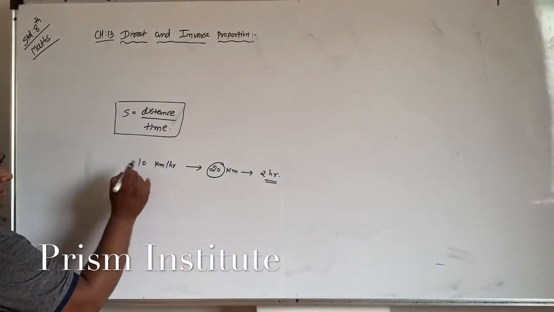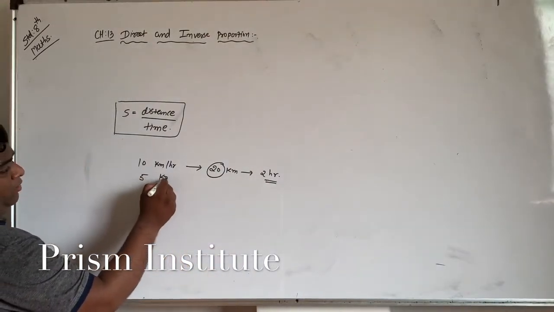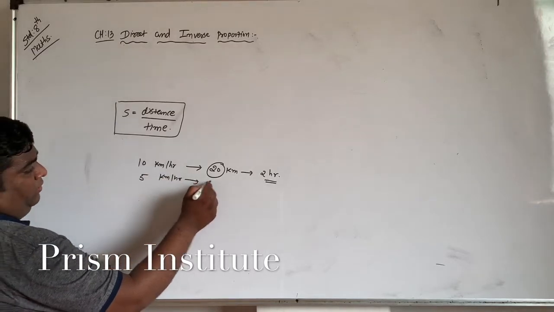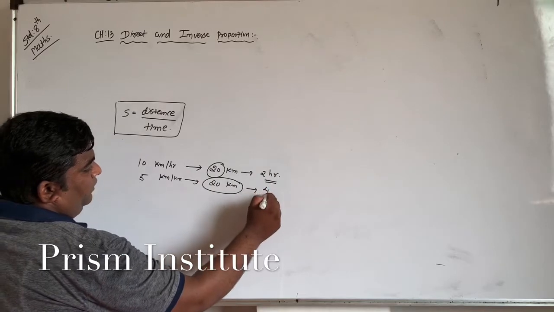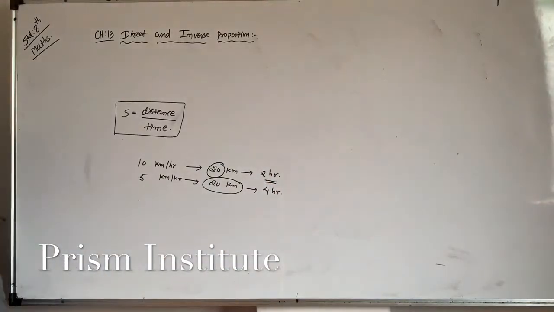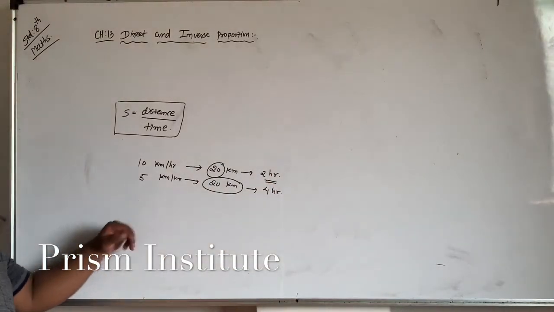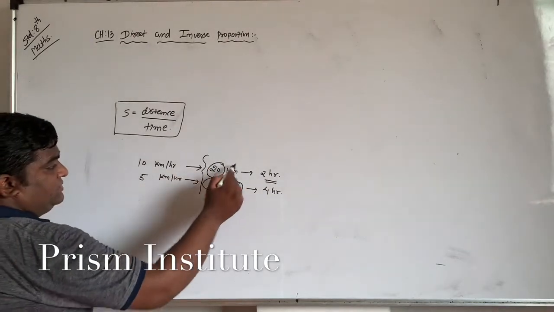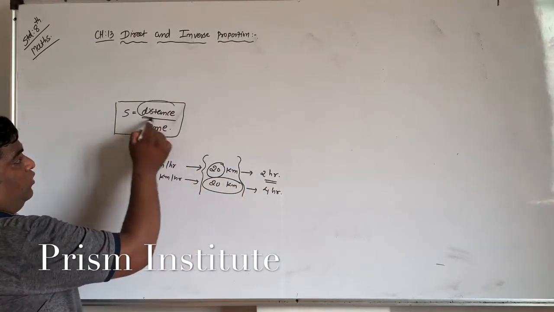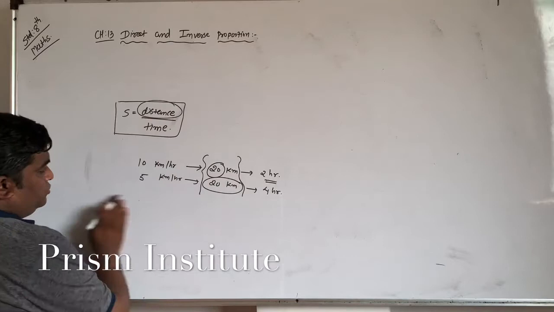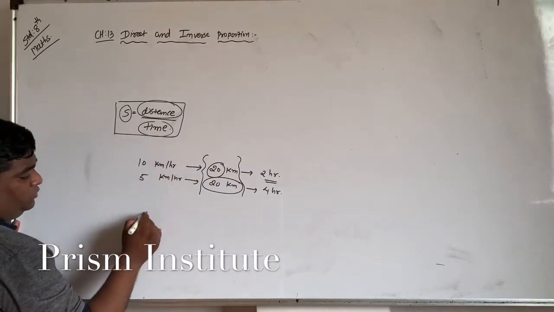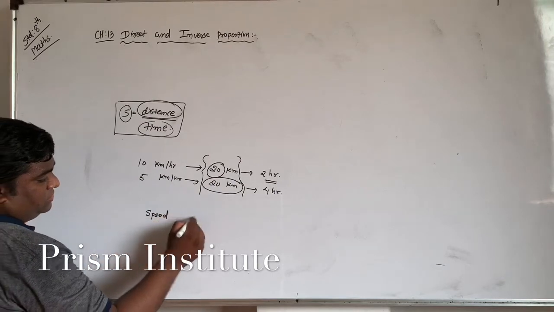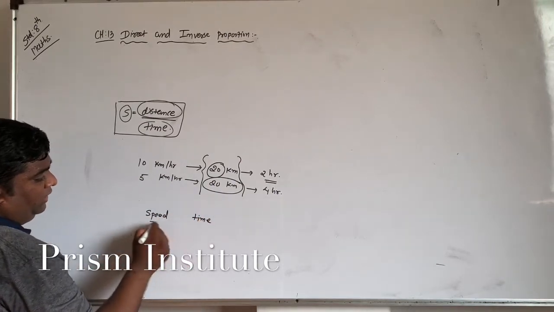Now if your speed is 5 km per hour and we want to cover 20 km, we take 4 hours. In these two examples, the distance remains the same, so this quantity is the same. Now let's write down the relation between speed and time. Here this is your speed and this is your time.